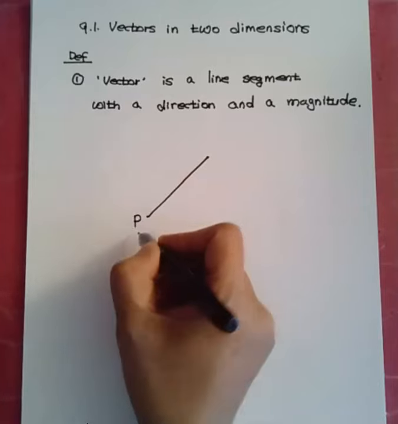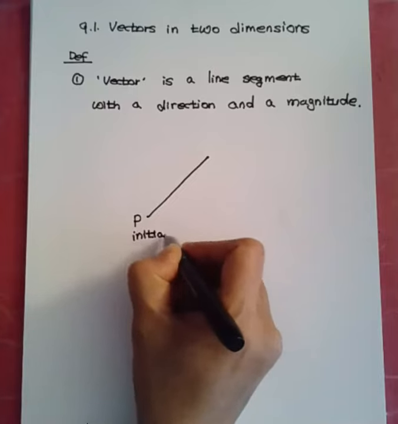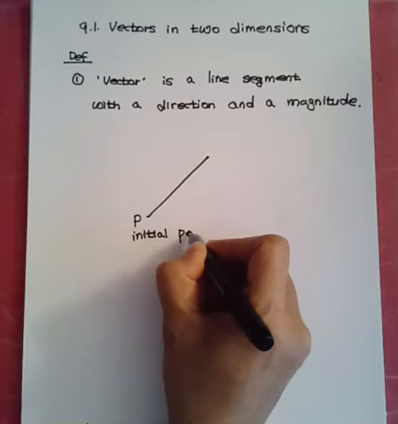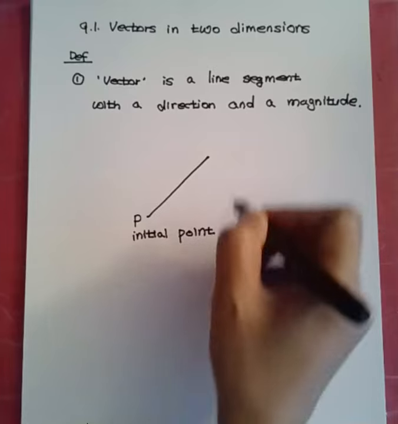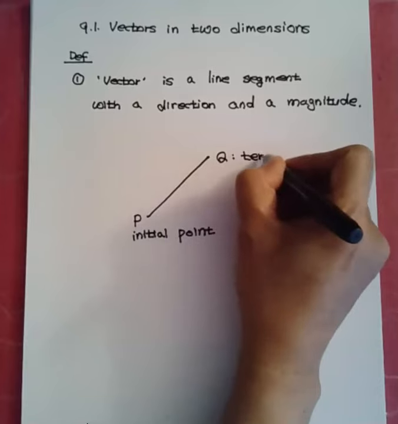Let's say P is the initial point and Q is the terminal point.